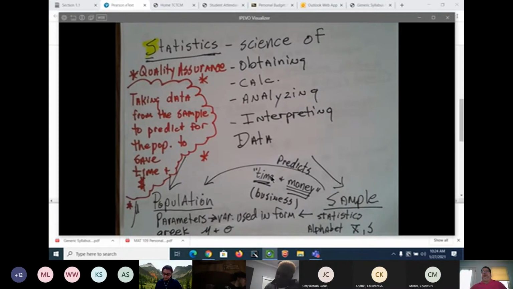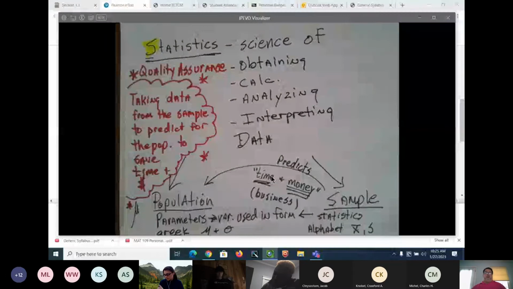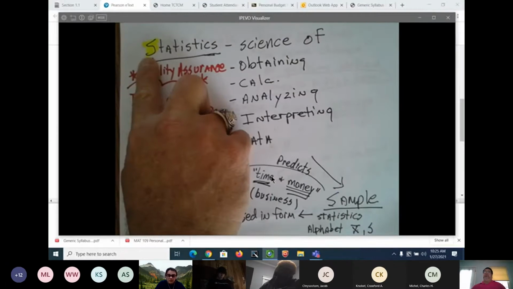The TEAS test, which is basically an entry exam for nursing students. What about if you go to Michelin? Are they going to give you a test? Yes. An employment test. What if you're going to graduate school when you graduate Clemson? Are you going to take a GRE test? Yes. So there are standardized tests outside of this class that you're going to be taking, and these words that I stress, like uppercase statistics, that's going to be on there.